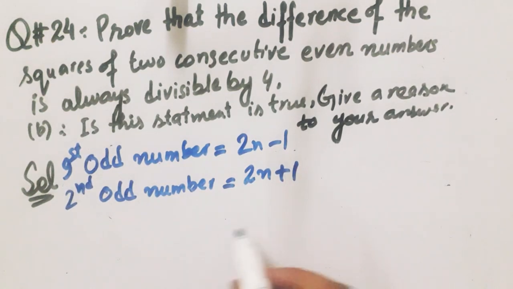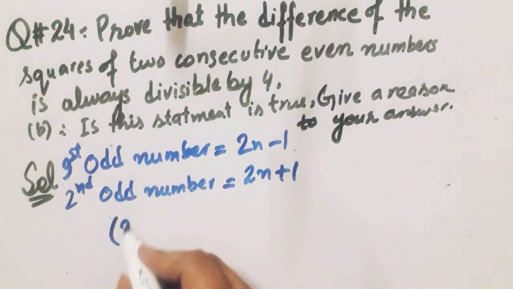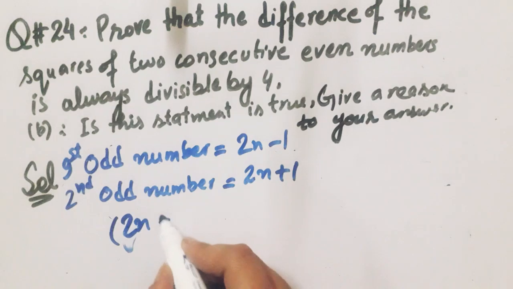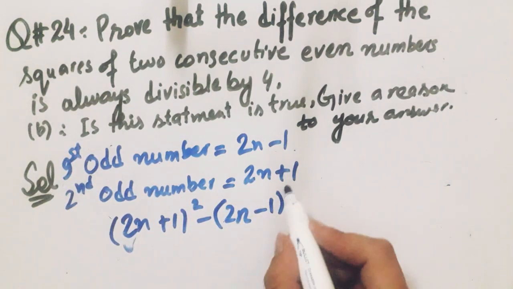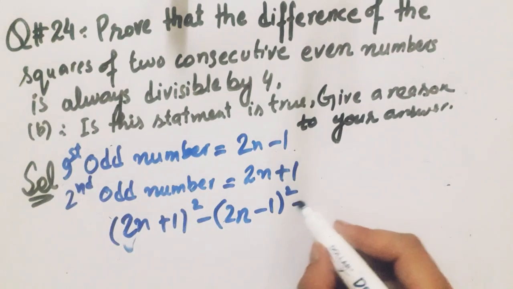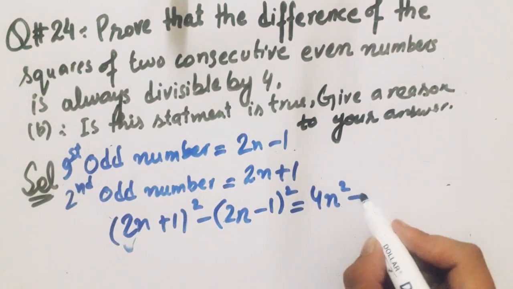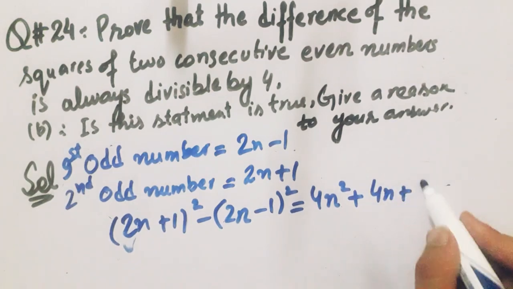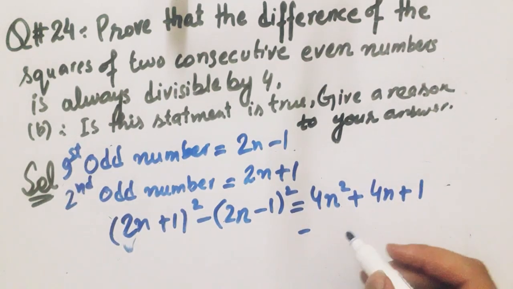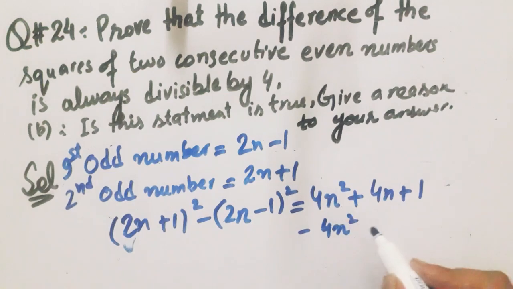Now we will again take the square of both and subtract them. So 2n plus 1 whole square minus 2n minus 1 whole square, that is equal to 4n square plus 4n plus 1 and minus 4n square, and then plus 4n and then minus 1.